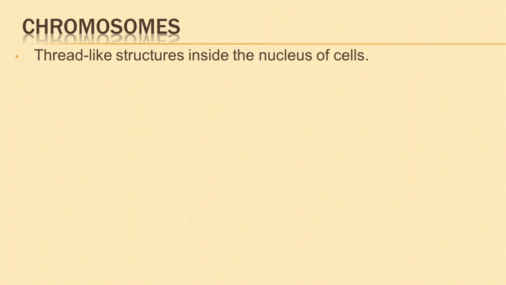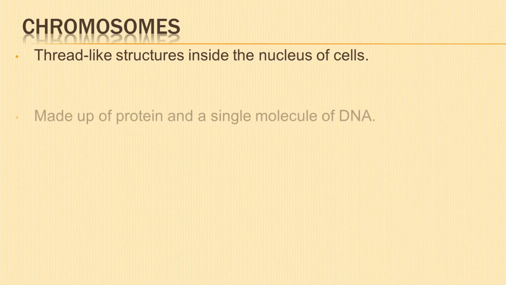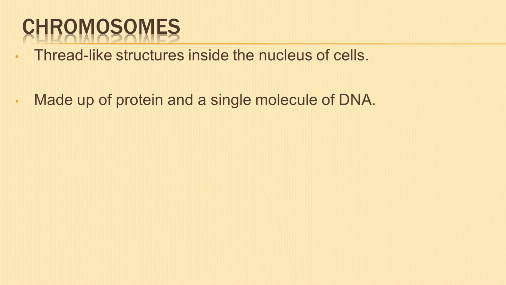Next are the chromosomes. Chromosomes are thread-like structures located inside the nucleus of animal and plant cells. Each chromosome is made up of protein and a single molecule of DNA.